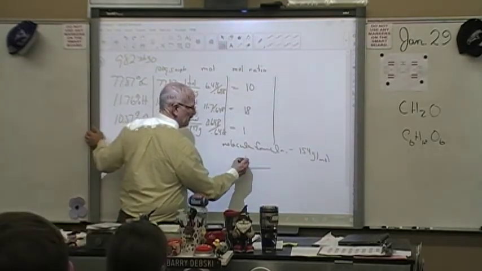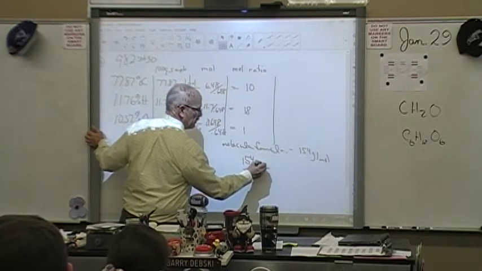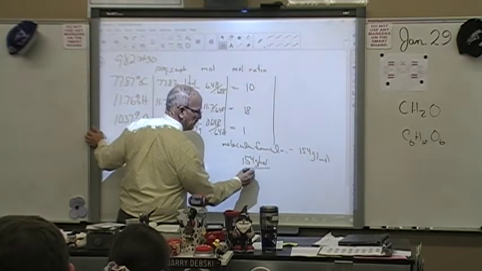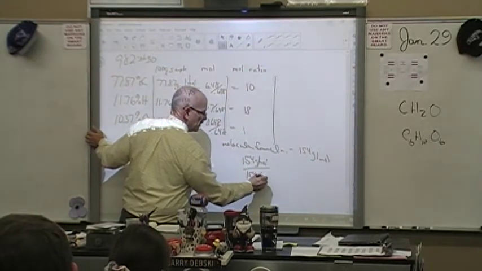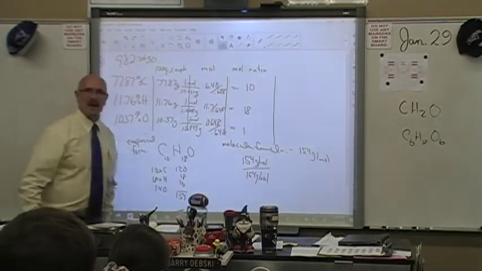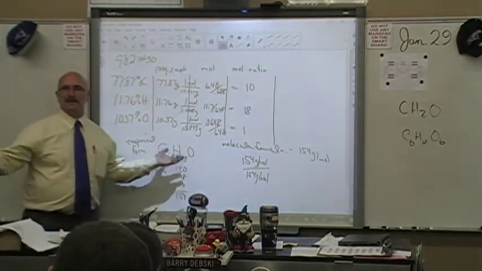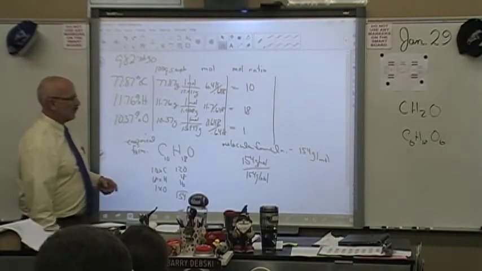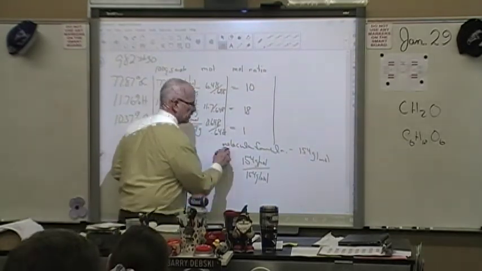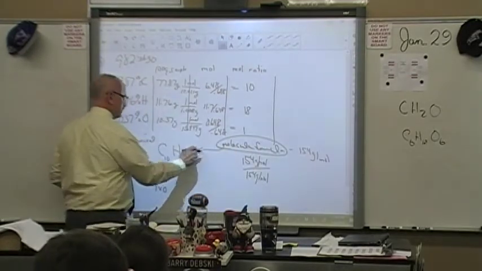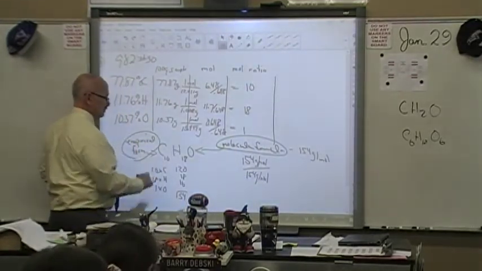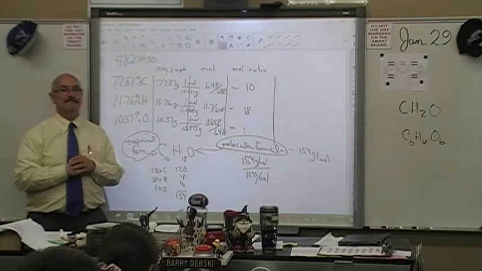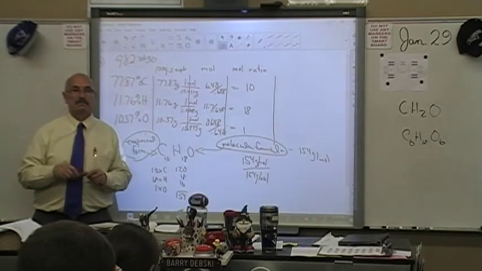So we're going to take 154 grams per mole for the molecular formula and divide by 154 grams per mole, which is the empirical formula, and they are the same. So this is both our empirical formula and the final answer, molecular formula. Both.